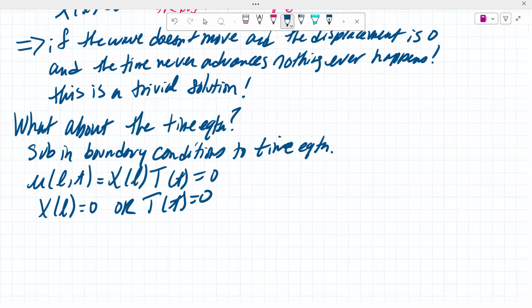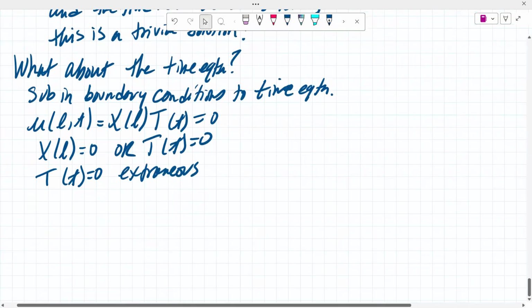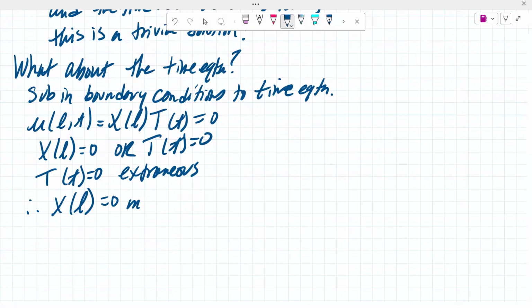T of t equals 0 again doesn't make sense. This is again extraneous, it doesn't make any sense. The time is always 0. So therefore, X of L equals 0 must be of interest.